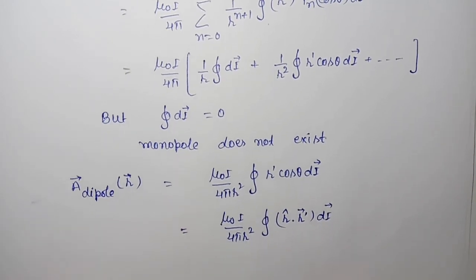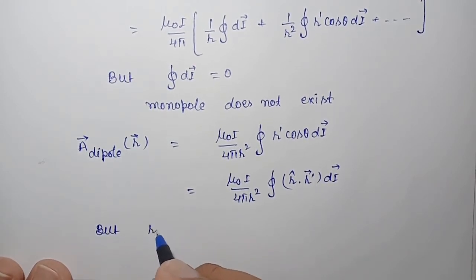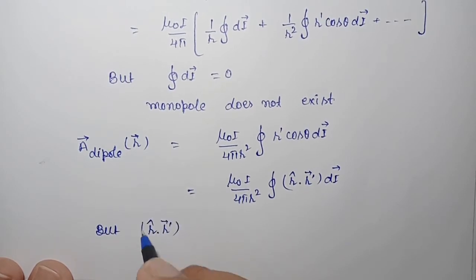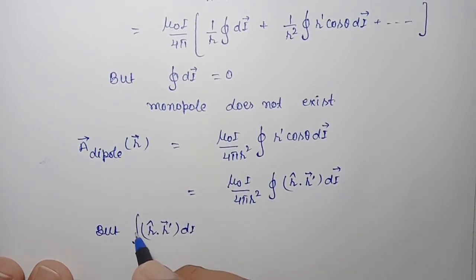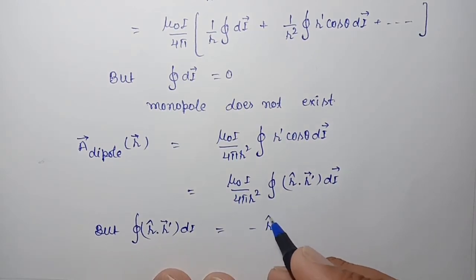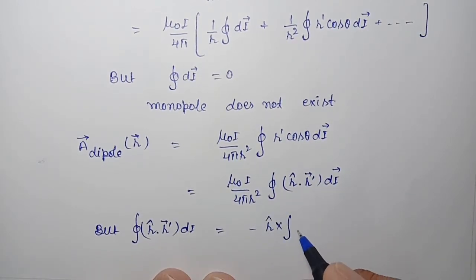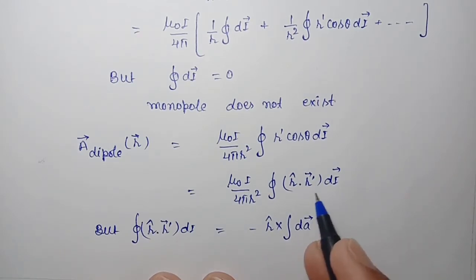But here this term, r cap dot r dash vector dl, is equal to minus r cap cross dA. Now substitute this value in the above equation.